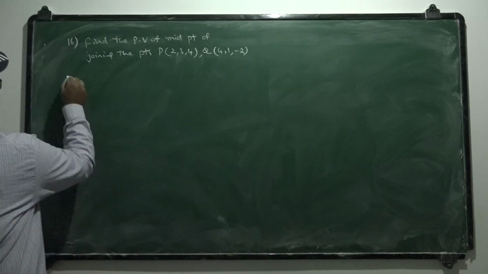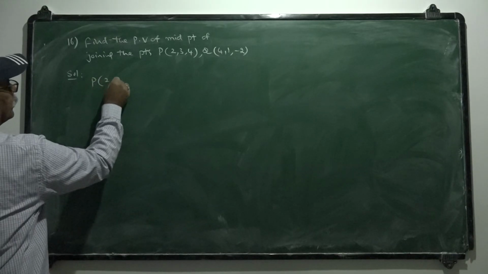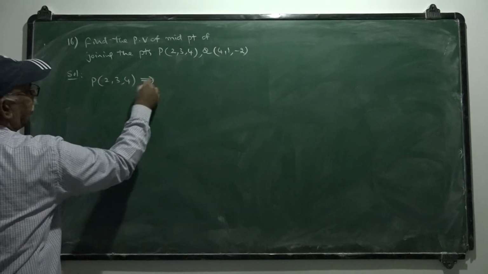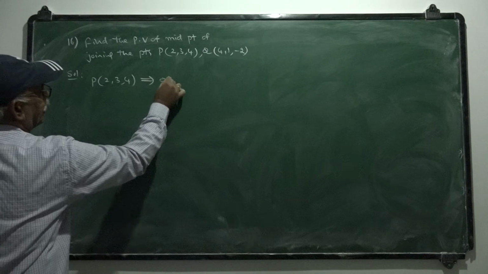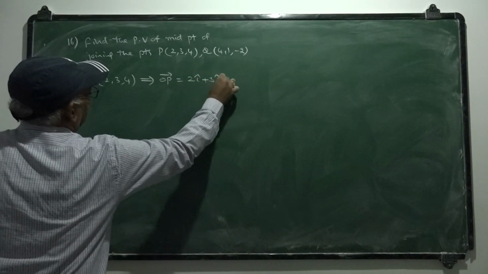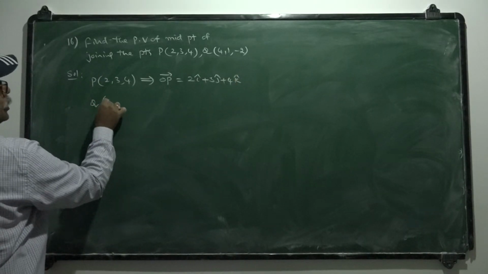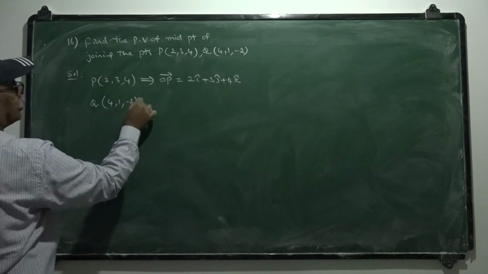The given point P is 2, 3, 4, so its position vector OP bar is 2i plus 3j plus 4k. Similarly, Q is given as 4, 1, minus 2.